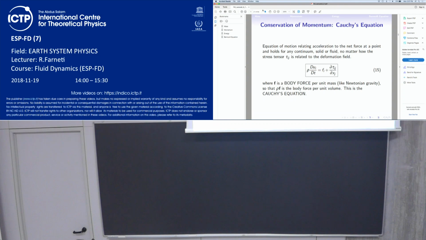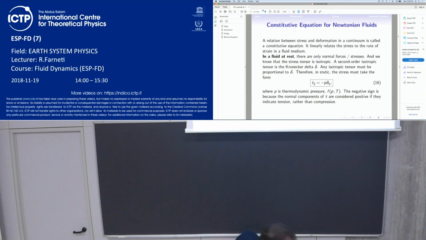The stress tensor tau is related to the deformation field. The rotation field doesn't deform or accelerate the element. Only the strain rate tensor E can accelerate the element. This is what we call the Cauchy equation, the basic equation for the conservation of momentum.